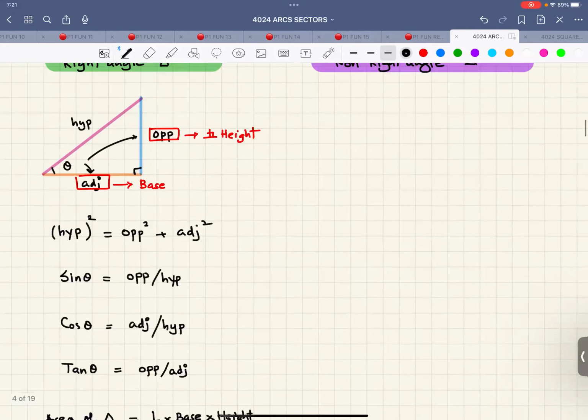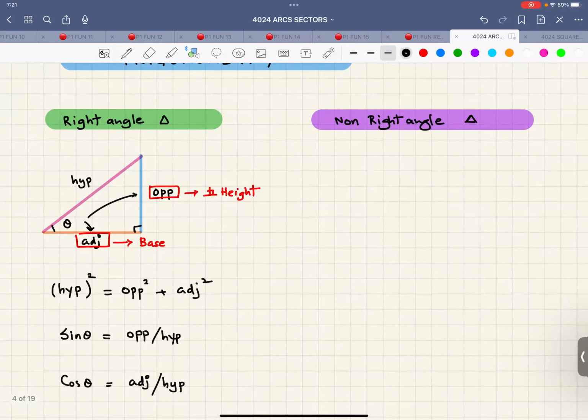And when we talk about non-right angle triangles, let me draw a non-right angle triangle. One line is going this way, the other line is going this way, and then there is a third line going this way. So now let me write it.